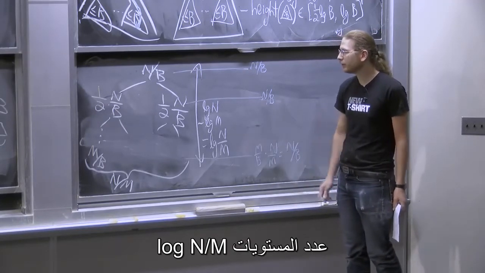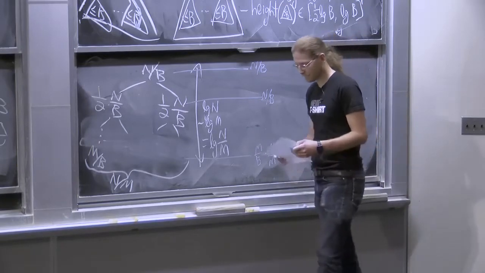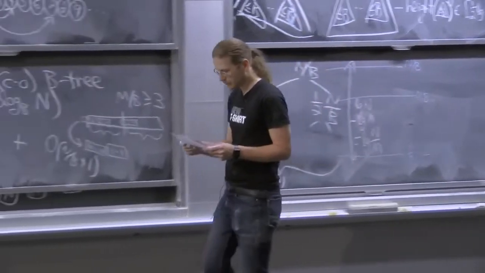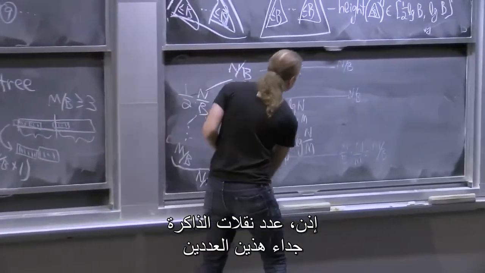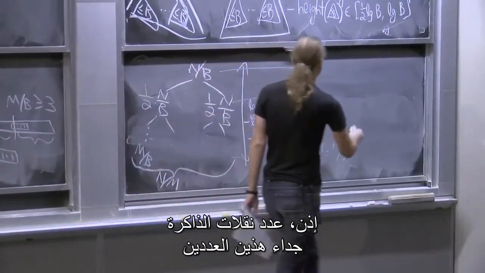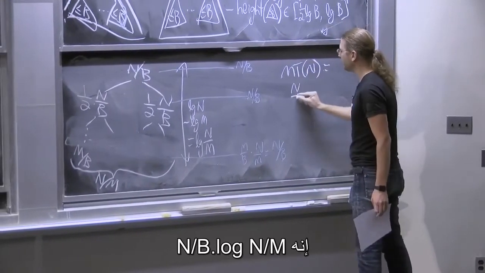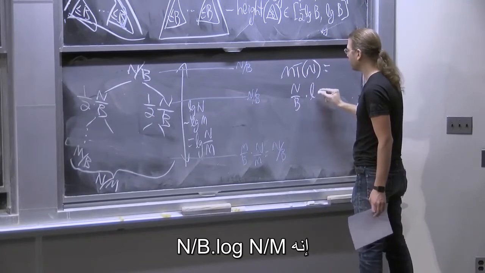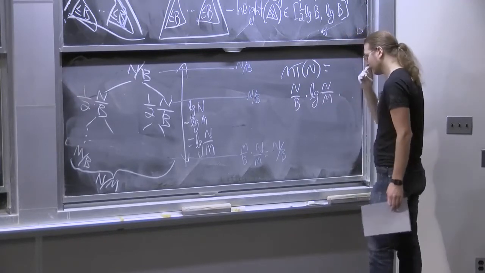The number of levels is log of n over m. So the number of memory transfers is just the product of those two things: n over b times log of n over m.